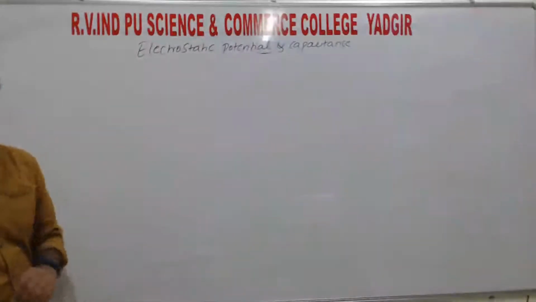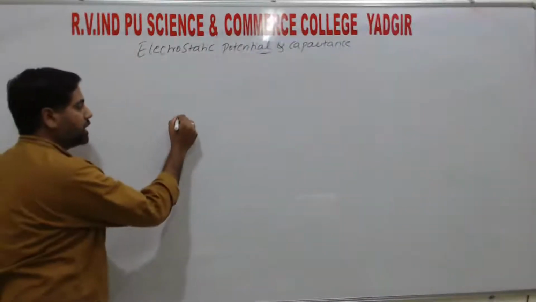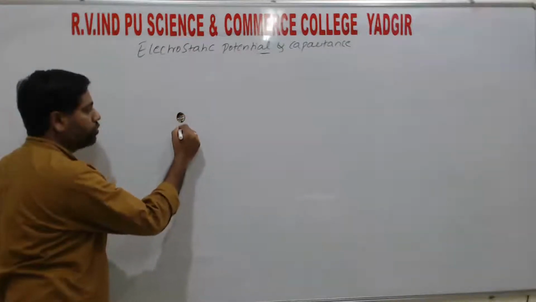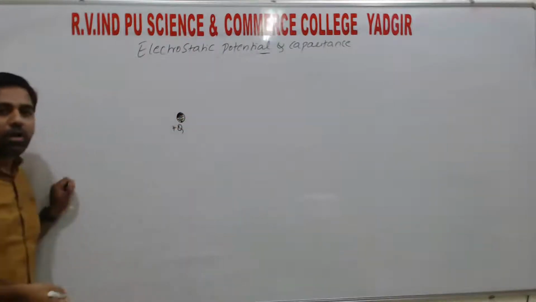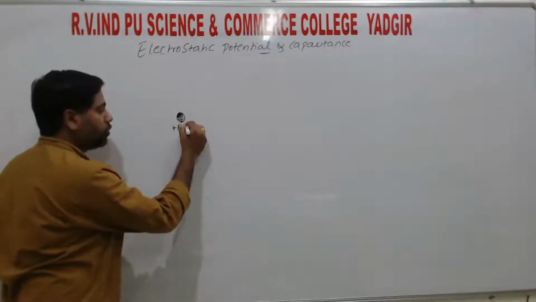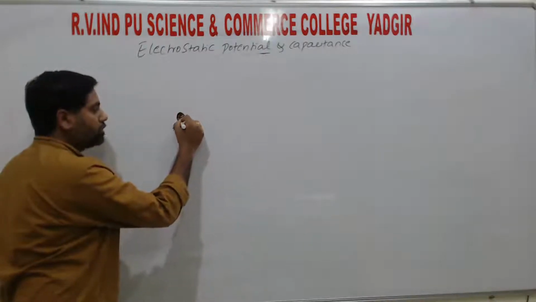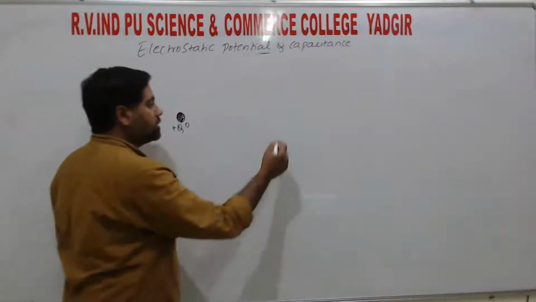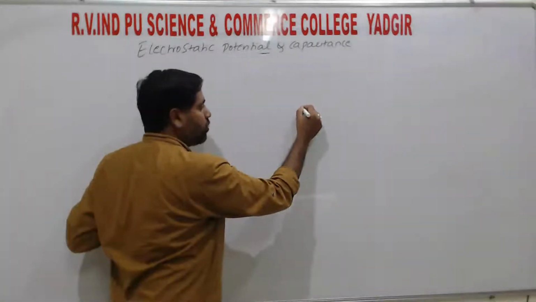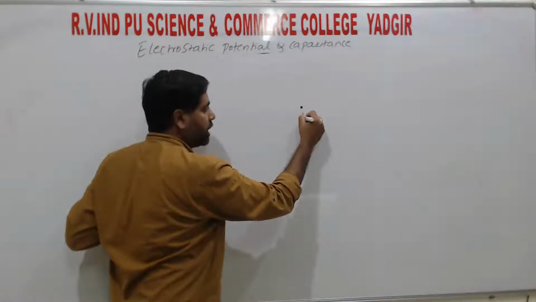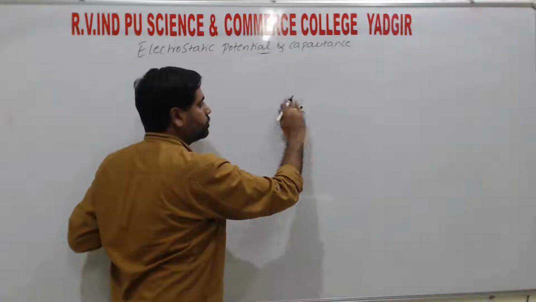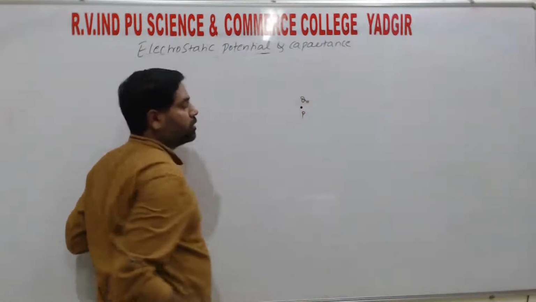Right. So for that, consider a point charge, some charge Q, that is plus Q at the origin, right? So this charge is placed at the origin. Next, consider one more charge at some point P here. That one we take as Q naught, right?